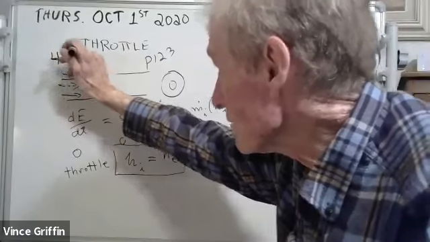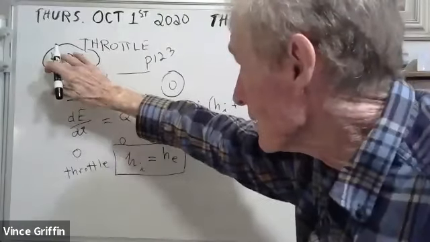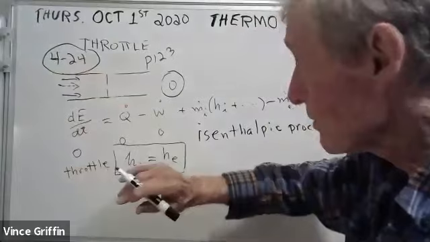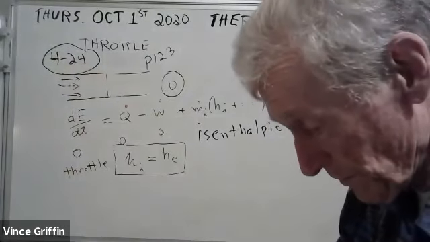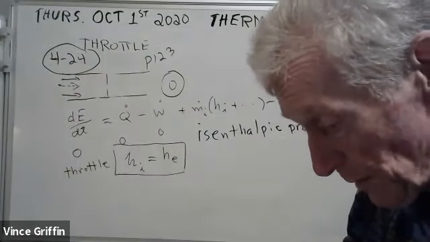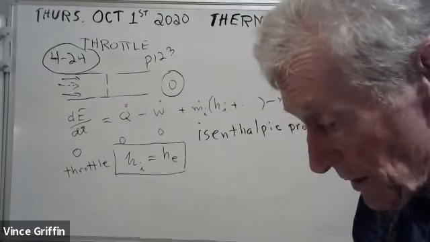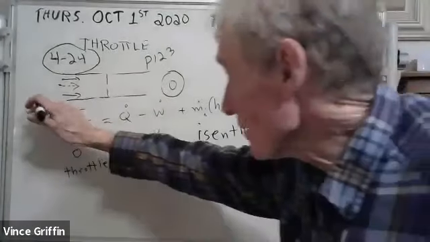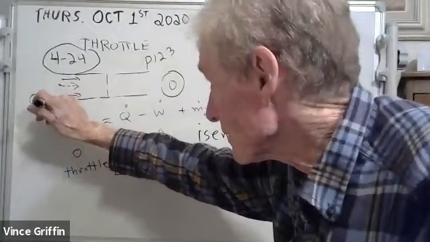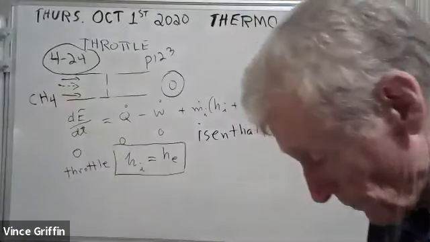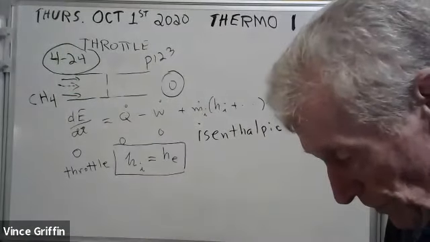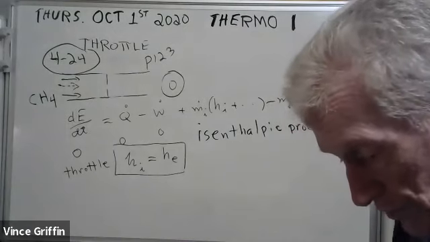I don't think we've done this one. I hope not anyway, because I don't want to repeat stuff if you don't need it. However, repetition is good. Now, this happens to be methane. So let me find it. Help me find problem 4.24.